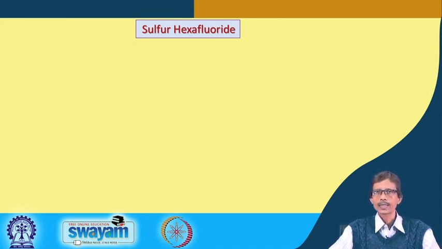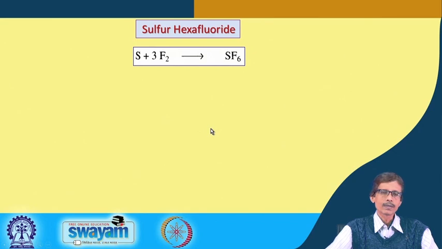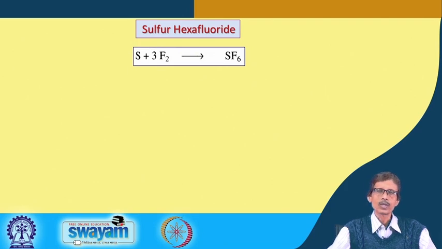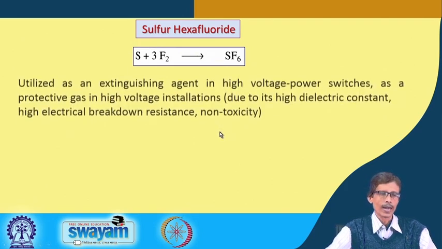But we are discussing this along with the typical hexafluorides as a useful fluoride compound. So, sulfur is taken, but it is basically a useful fluoride compound. Here, SF6. SF6 you can prepare directly from the elemental reaction between elemental sulfur and fluorine, giving you the sulfur hexafluoride compound.